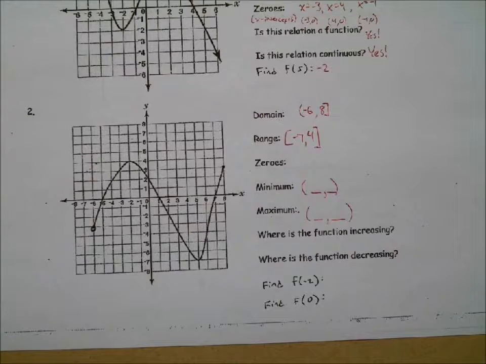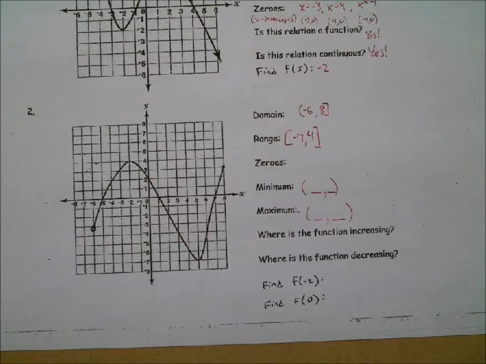Okay? Now, we want to find f of -2. We're skipping the increasing and decreasing for now. Now you'll notice this is a graph of f of x. We're asked to find f of -2. So that -2 has replaced the x. Where on your graph is x equal to -2?